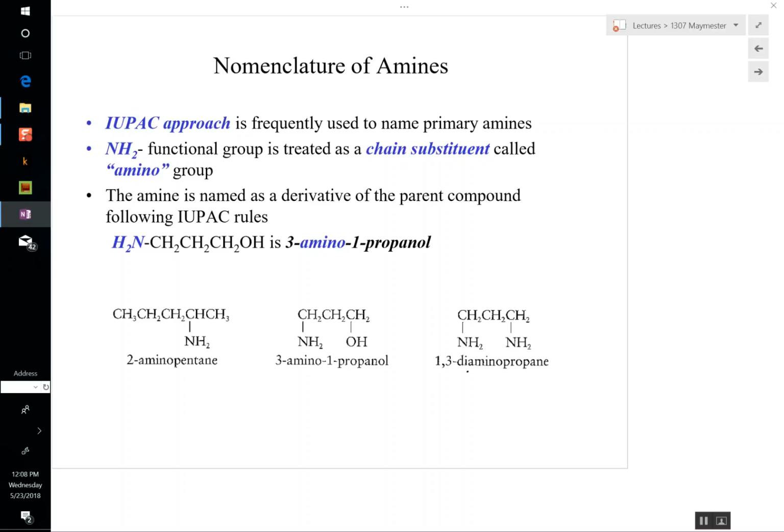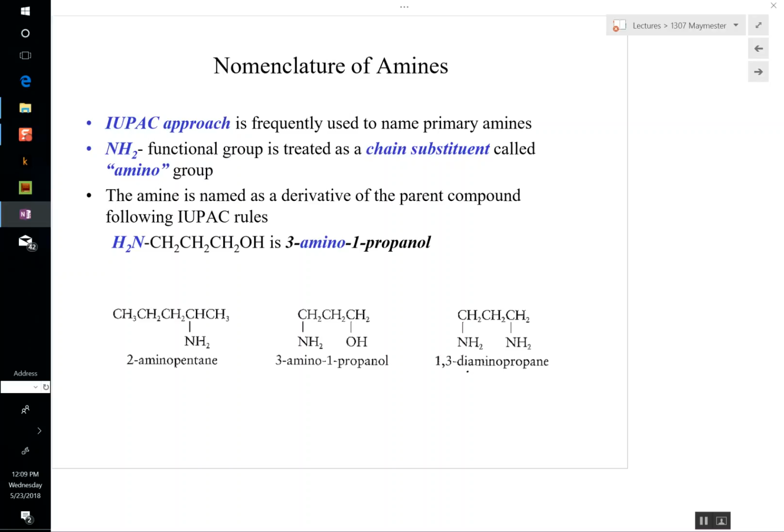Well, what was in the alcohol first? Is there a rule? If you treated it as an amine first and named the alcohol as a hydroxy, that would be acceptable too. In that case, it would be 3-hydroxy-1-aminopropane.